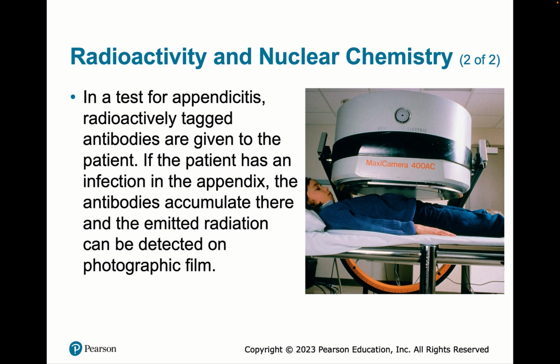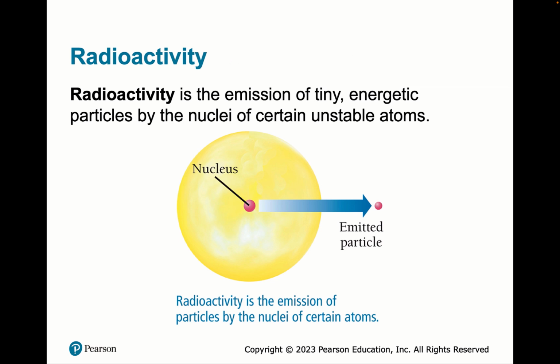If the antibodies accumulate in the appendix, then you can say, oh, we've got an infection there. It can also image the appendix and show things like how big it is, and do this all without having to open the patient up. So it's a nice tool, right? The idea is that you can do imaging inside a patient without having to do surgery.